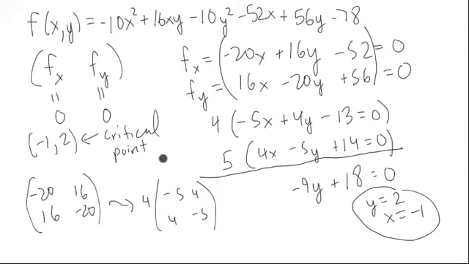This is a constant multiple of the second derivative, and that's fine because if you have a positive scalar multiple of this matrix, positives stay positive and negatives stay negative. If you can factor out a positive number, you're okay just to use this one. So let's just look at this one.